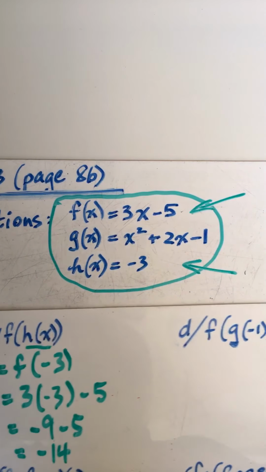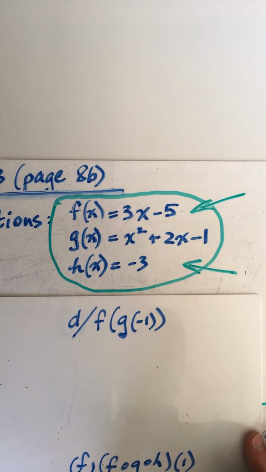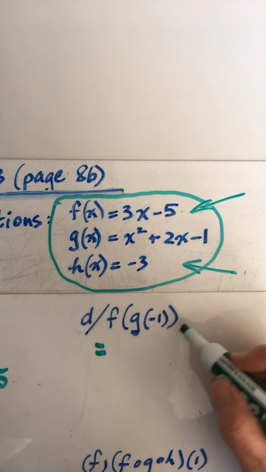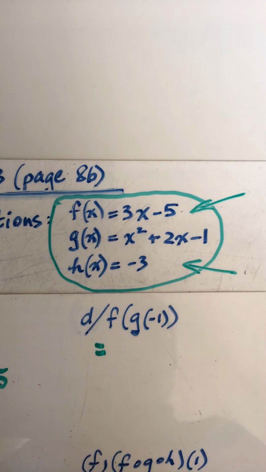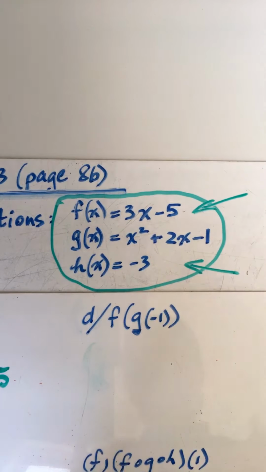Okay, on to number D. f of g of negative 1. Now, we're putting a number in, so we should get a number out. So there are two ways you can do this, but you need to make sure you're notating really well.